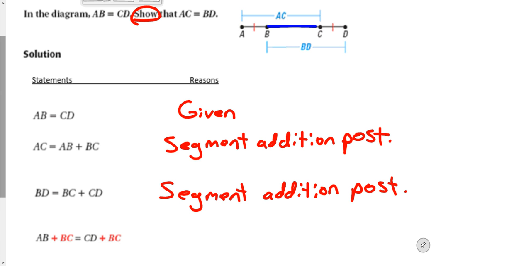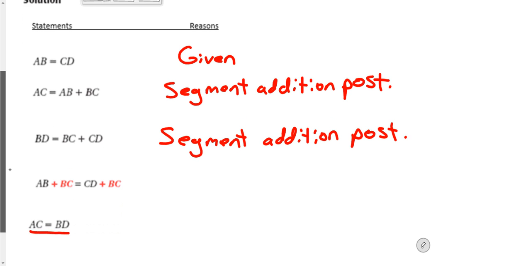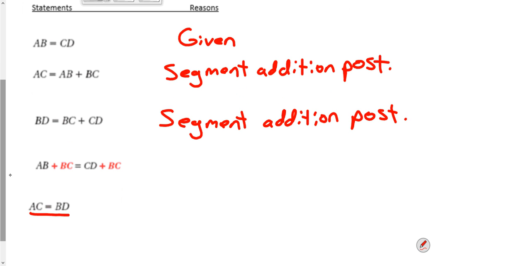We know the 2 on the end, AB and CD, equal each other, and we're just adding BC to each of them and saying that they still equal one another. Looking at your reason page, what reason has you adding the same thing to both sides of an equal sign? That's the addition property.